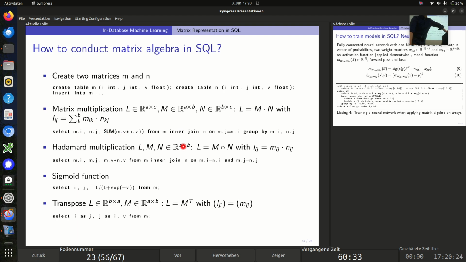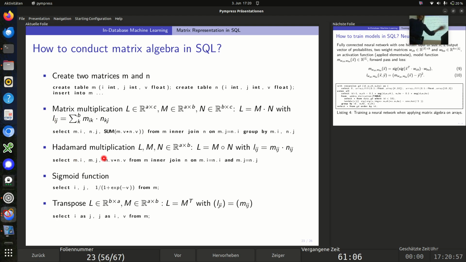I join my two tables, and because a matrix multiplication is just the sum over element-wise multiplication, I can use an aggregate function. I have my sum of inner products, and that's what I do here. This can be done quite easily with the indices I have in my coordinate relation representation.